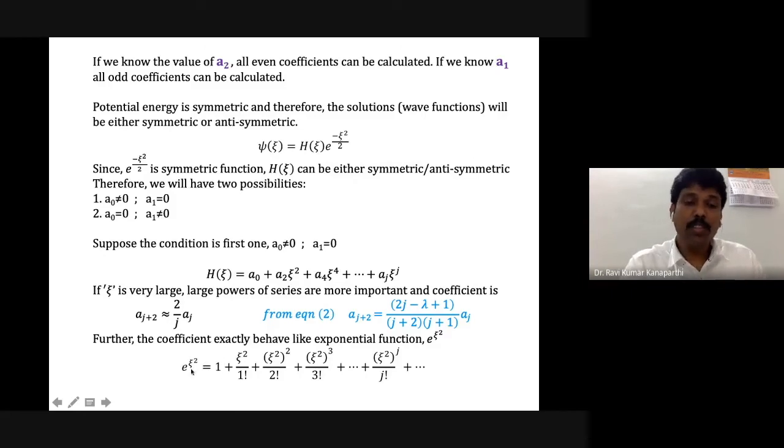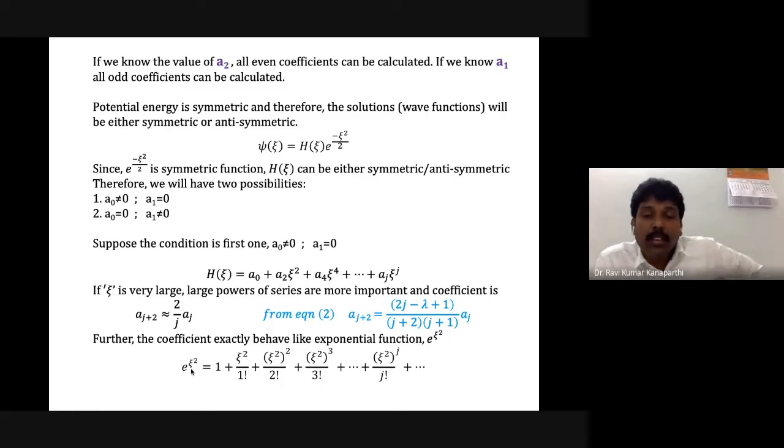So e to the power x can be written as 1 plus x to the power 1 by 1 factorial plus x square by 2 factorial plus x cube by 3 factorial plus and so on, right?